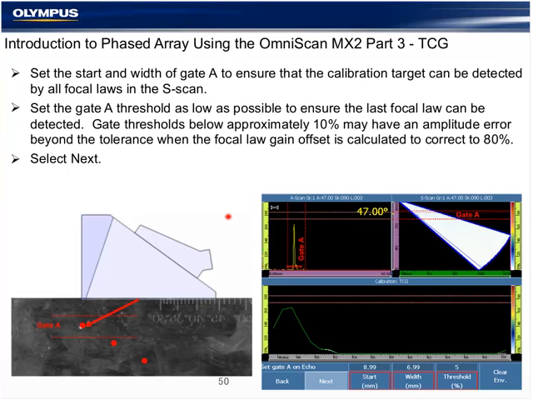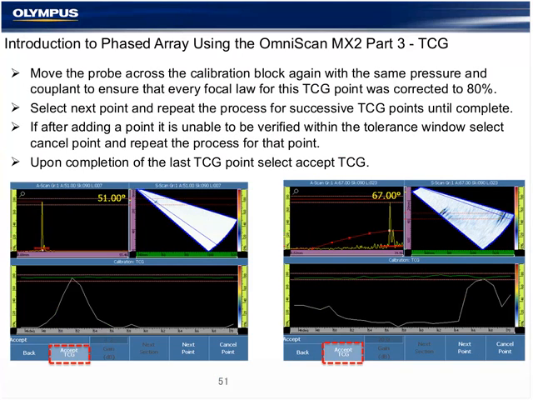So in the TCG, just like the sensitivity calibration, we're going to use a series of side drilled holes and complete a similar wizard in succession. The only difference with the TCG is that I cannot have a negative gain. So my focusing and my ability to separate one flaw from another becomes an issue.